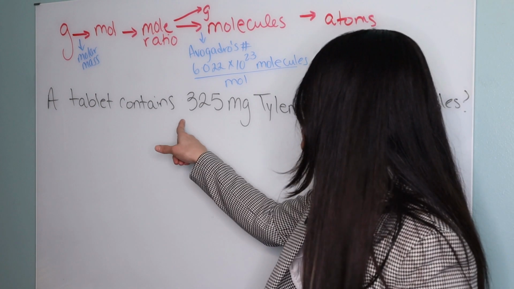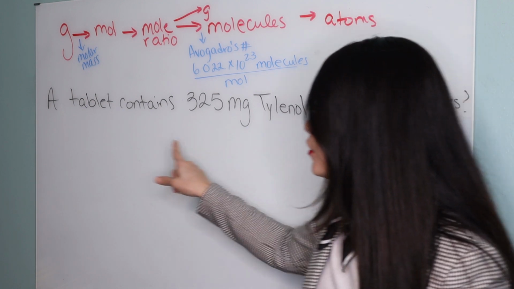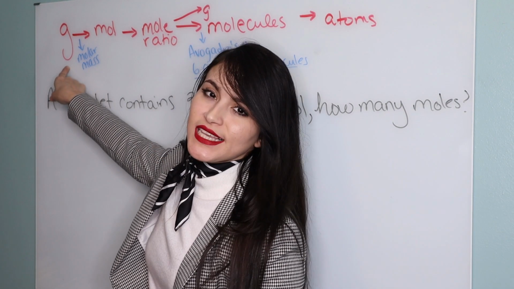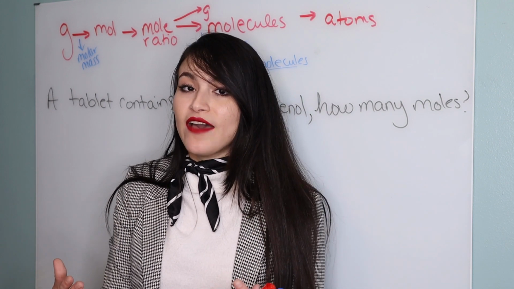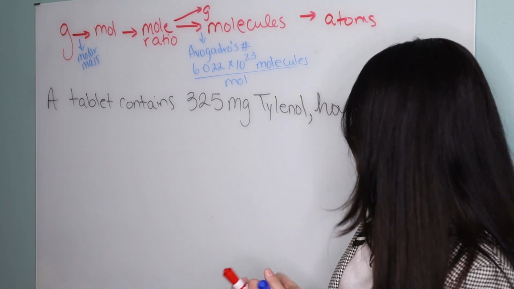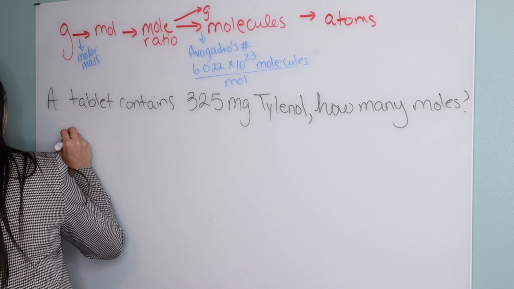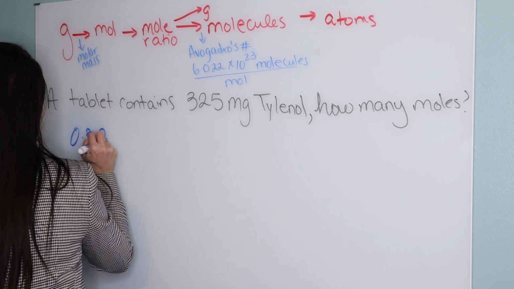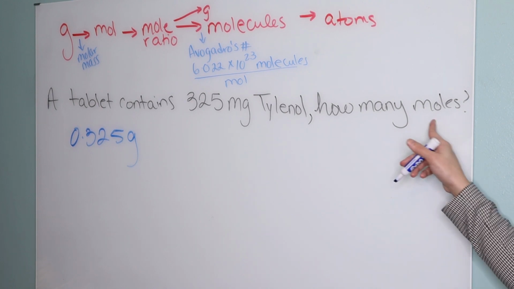So first off, our starting point is 325 milligrams, but looking over here, we always get started with grams, right? So now we know that the very first thing that we will have to do is change this to grams. So if we do that, that becomes 0.325 grams. All right, now that we have grams, then they're asking us to go to moles.